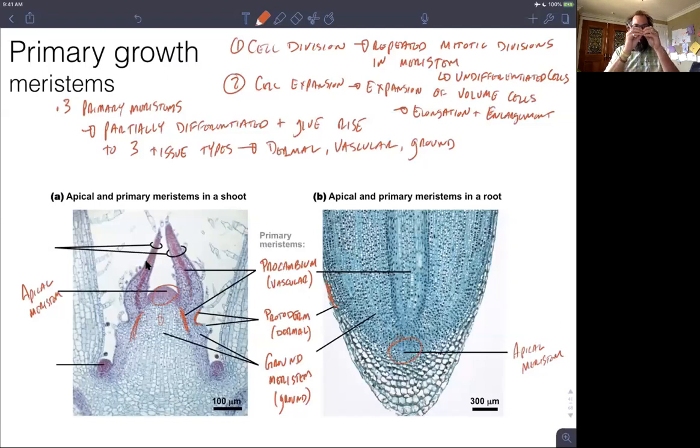So in the apical meristem, we can maintain a population of cells that's actively dividing. As those migrate and begin to partially differentiate, depending on where they are and what genes are expressed, some will differentiate into that procambium, the primary vascular tissue meristem. Some will differentiate into the protoderm, that primary dermal tissue meristem, and some will differentiate into the ground meristem, or that primary meristem for the ground tissue.